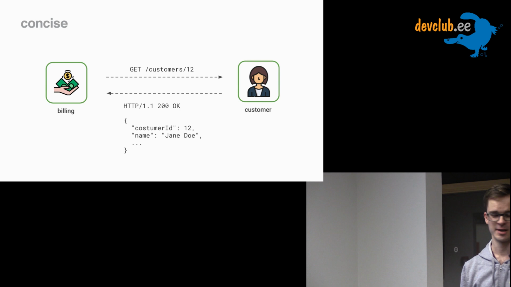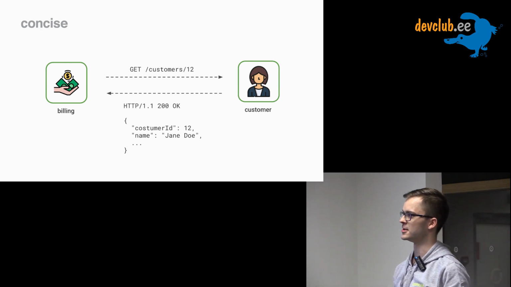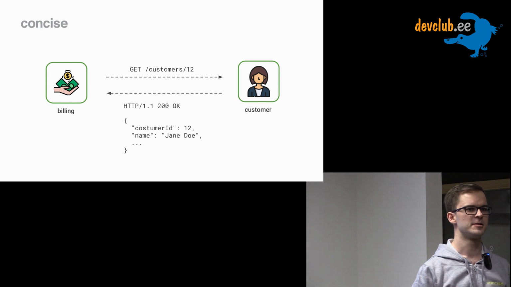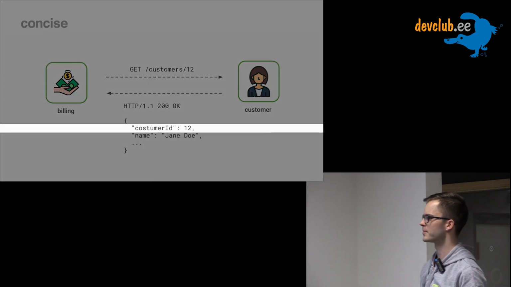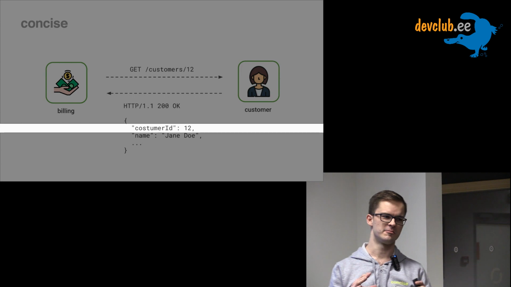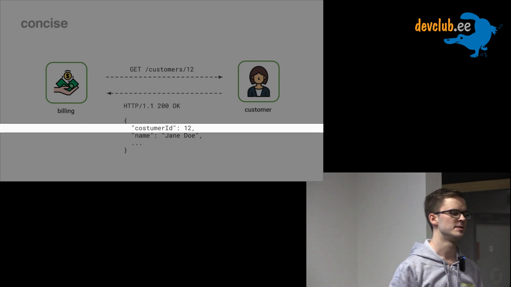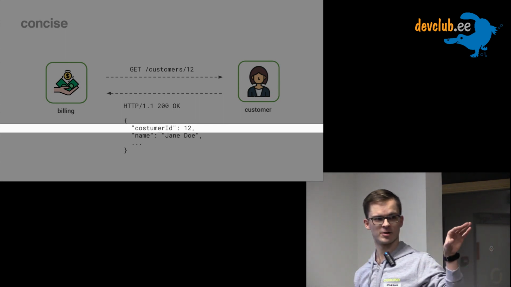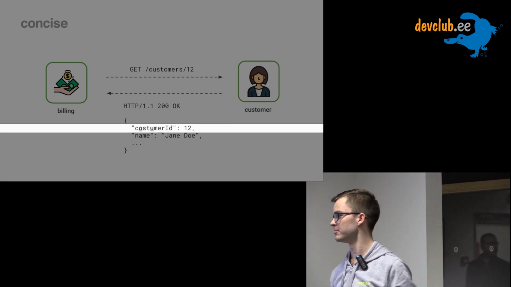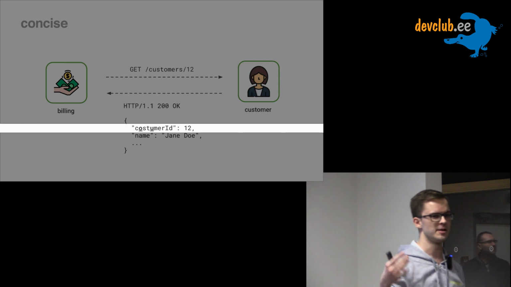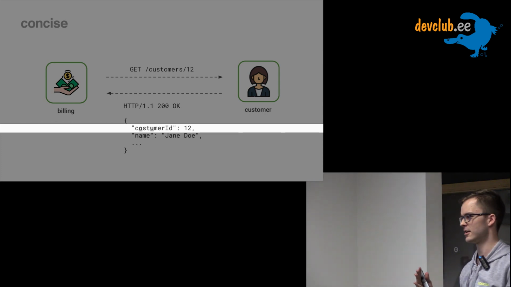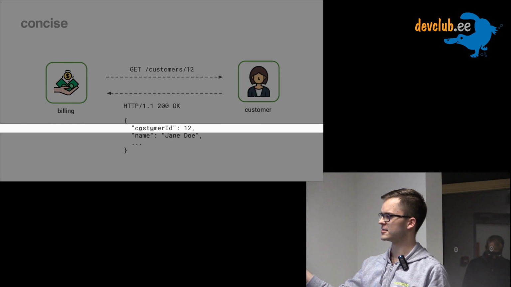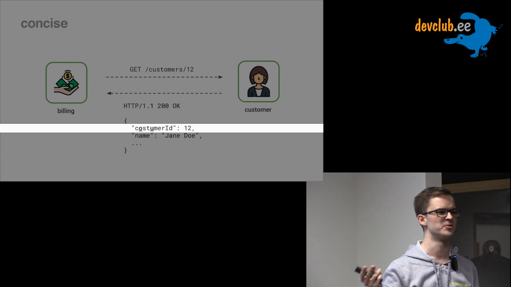So one day or night, the customer team was working on their code, and they looked at what they were responding to the billing service. Perhaps it's not quite well seen from the back, but the payload includes a customer ID and a name and other stuff, but they noticed that this thing is not customer ID, this is costumer ID.